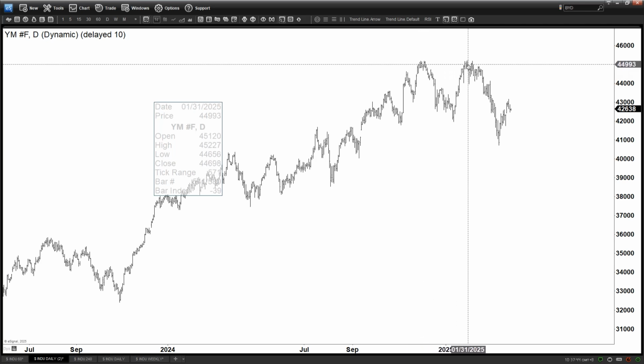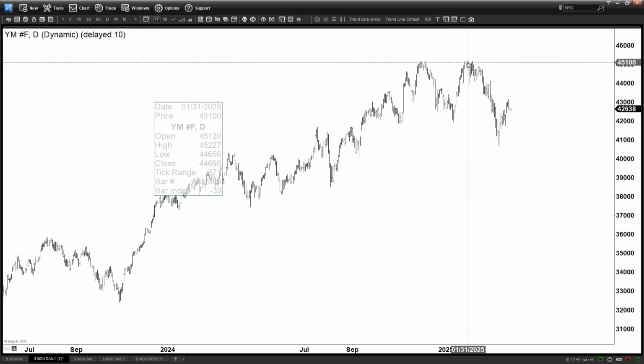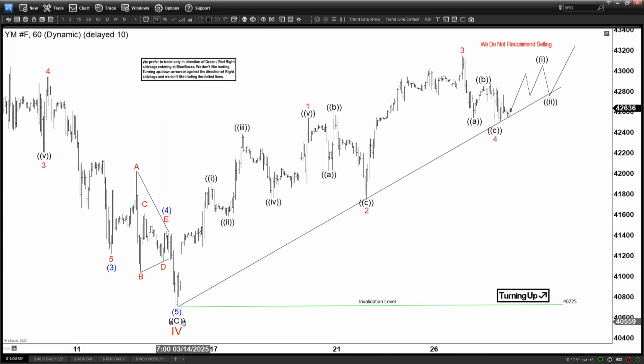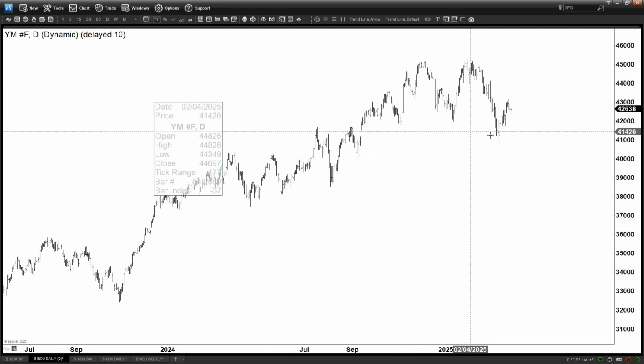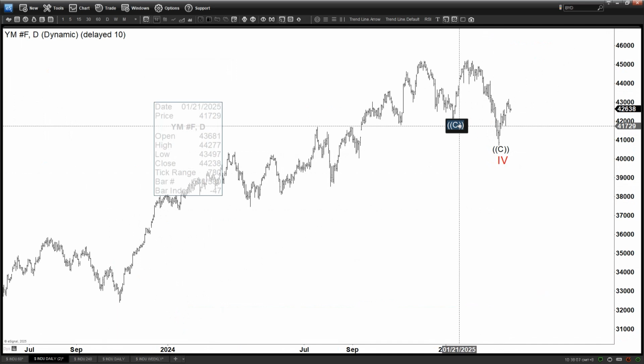So as you can see here, this peak here is above this peak, marginally above. So there are two options here. Either we are actually doing a flat, because this move down is 5 waves. I'm trying to show you on the daily time frame what happened, right?